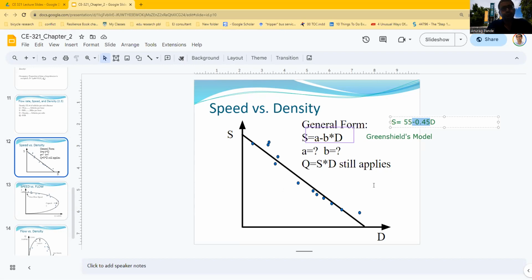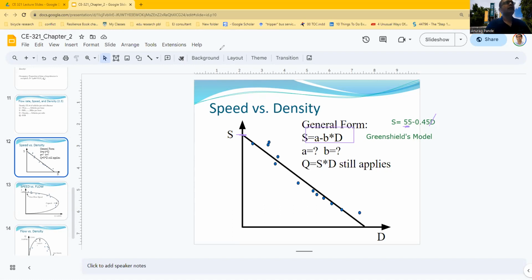And then the other thing you can derive from this is that when density is 0, that's your y-intercept. So when you're talking about this point right here, density is 0 at this point because it's a point on the y-axis. But what happens when density is 0? If you substitute D equal to 0, you end up with S equal to 55 miles an hour.